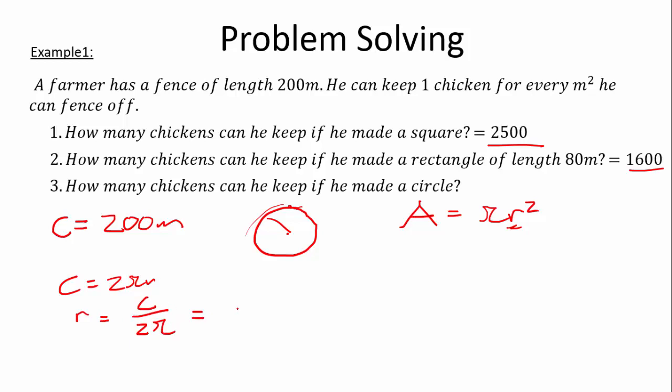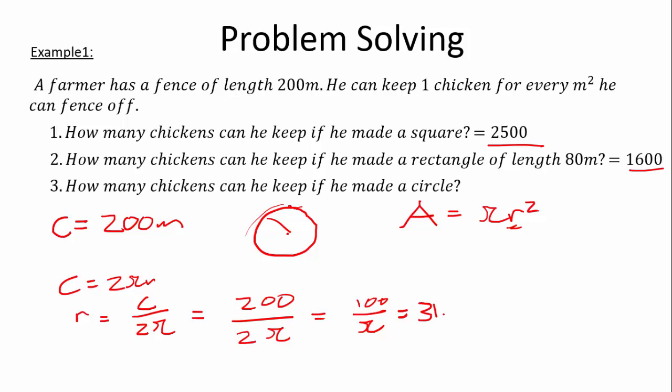You're going to need your calculators here because the circumference is 200 meters divided by 2 times pi. You can see that 200 divided by 2 is 100. So that is simply 100 divided by pi. Please get out your calculator. You will need this, but if you don't have it with you, I'm going to simply do it for you. And 100 divided by pi is 31.83.